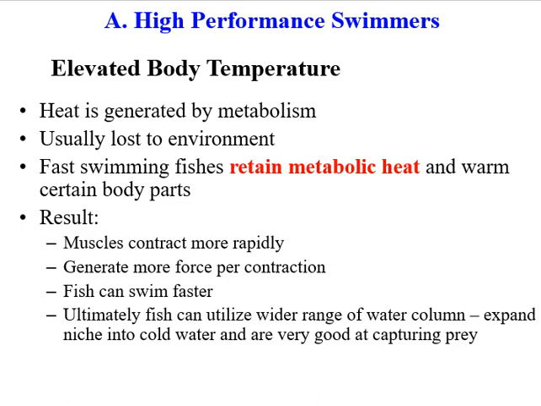If you have a warm body, you can enter into cold water. And there, as a warm-blooded animal, you're doing things at a much faster rate than all these cold-blooded fish, for instance. So you're basically a super predator.